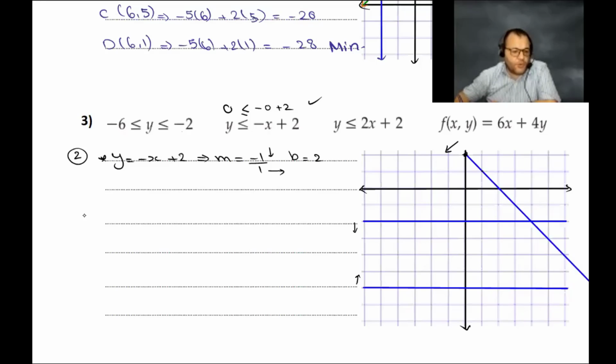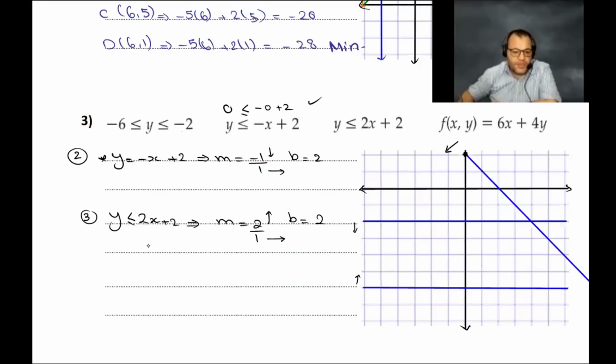For equation number 3, we have y is smaller than or equal to 2x plus 2. From that, the slope equals 2 and the y-intercept equals 2. So we start from 2. The slope 2 is 2 over 1, going up 2 and right 1, but there is no place to go up.